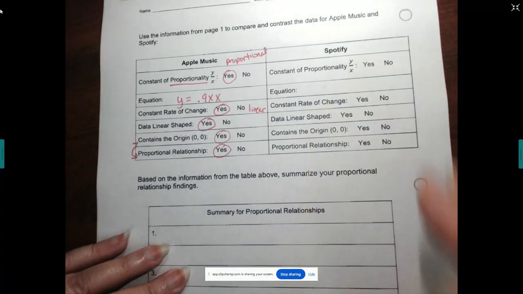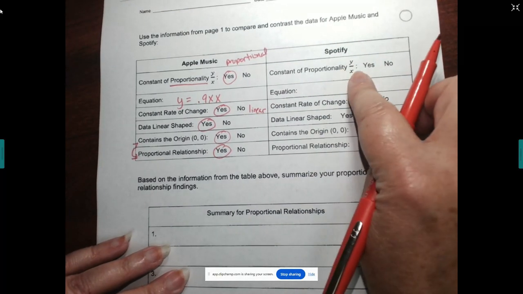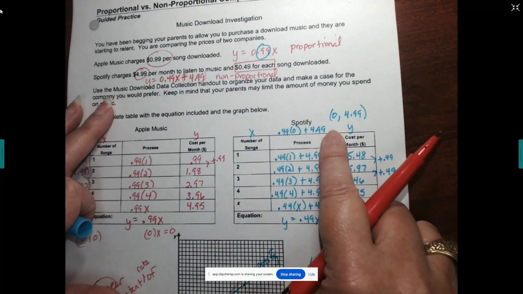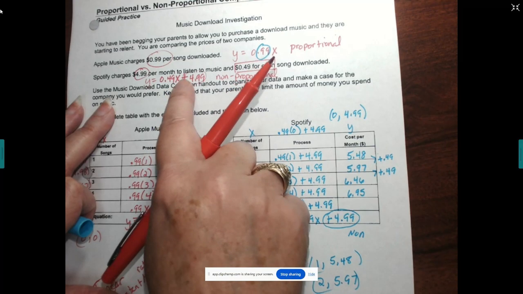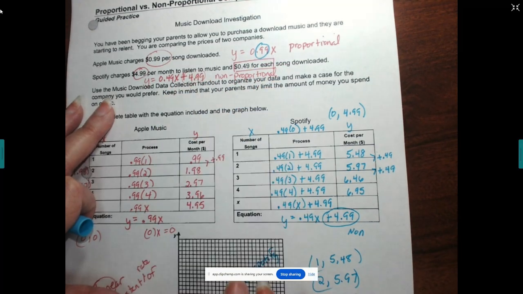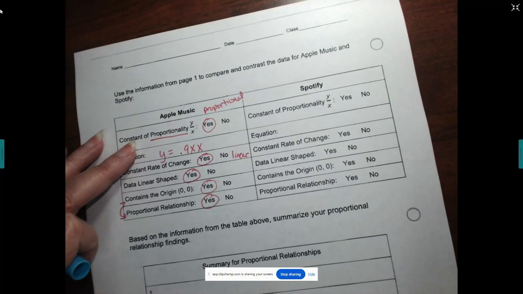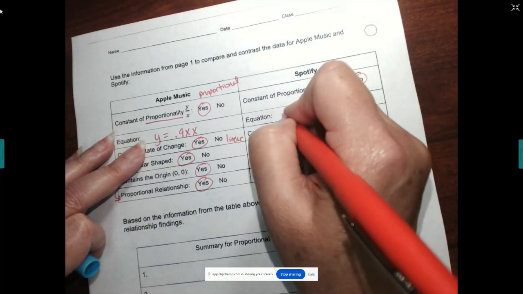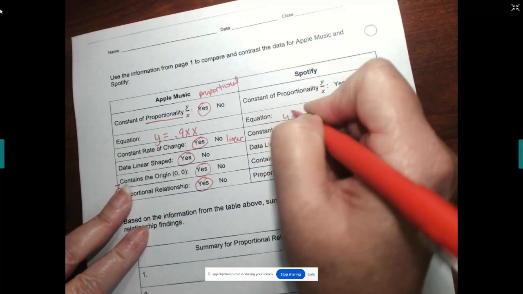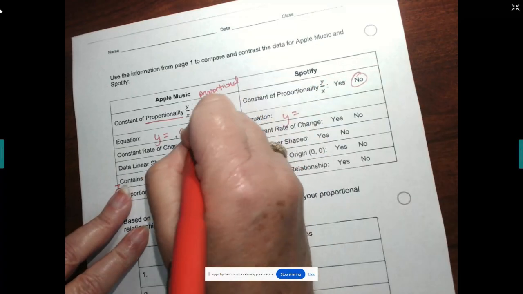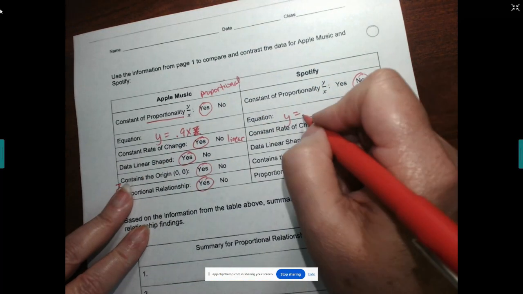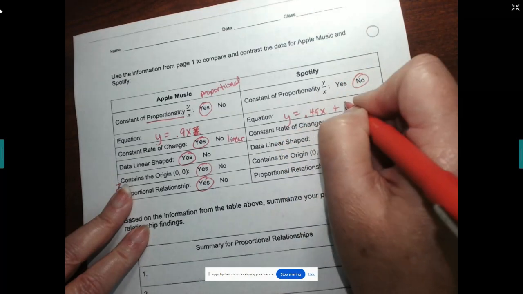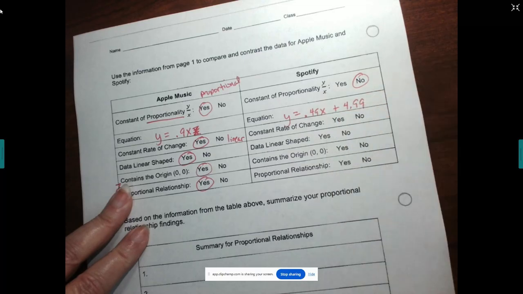Okay, now the Spotify, does it have a constant of proportionality? Is it proportional? No, it's got this extra $4.99 charge, so it is non-proportional. So it doesn't have a constant of proportionality. Y equals 49 cents x plus the $4.99 monthly fee.